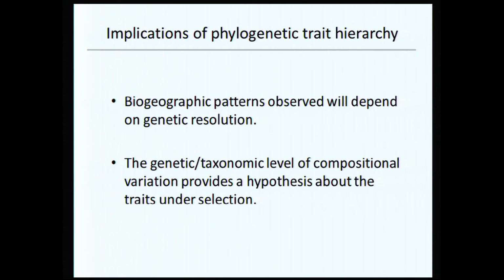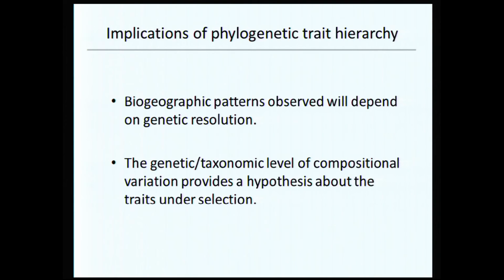And so I think there are a couple of interesting implications if this trait hierarchy holds. The first is that the biogeographic patterns observed will depend on the genetic resolution that you look at. That probably isn't surprising to any of you that have been doing work on microbiomes, but I think it's useful to think of the mechanistic reason why that would be the case.